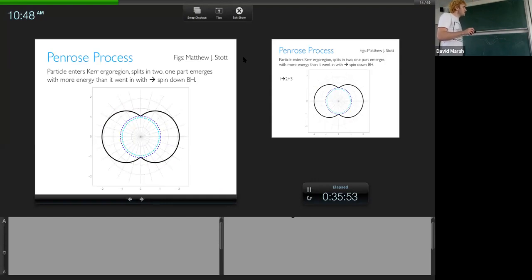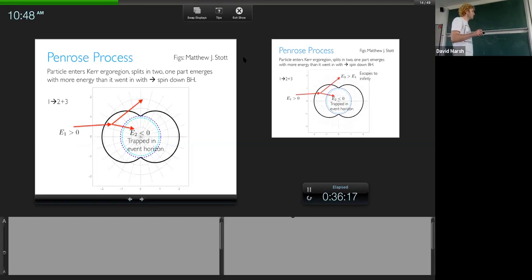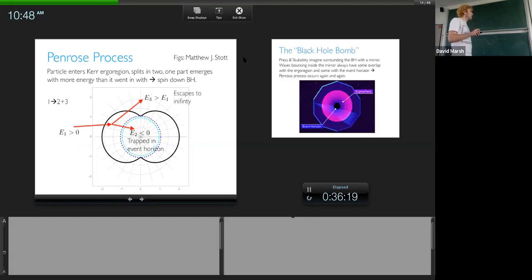Here is the ergo region again in black, and the outer and inner horizon in blue and turquoise. So this is the Penrose process. Particle 1 goes in, with some positive energy, and splits into 2 plus 3. Particle 2 then gets negative energy, falls in and becomes trapped inside the event horizon, falls into the singularity. But for particle 3, you just do energy conservation, and it goes out with energy larger than E1, and it escapes to infinity. This is the cartoon of the Penrose process.